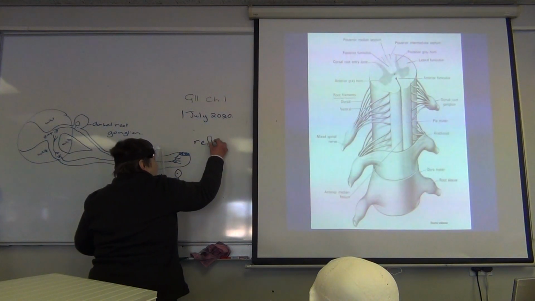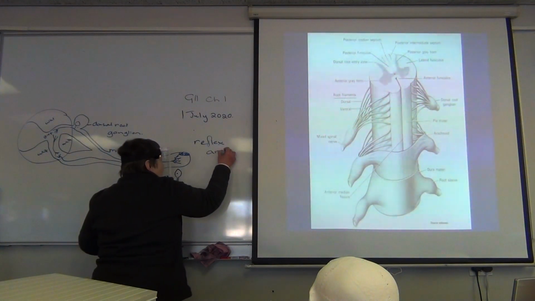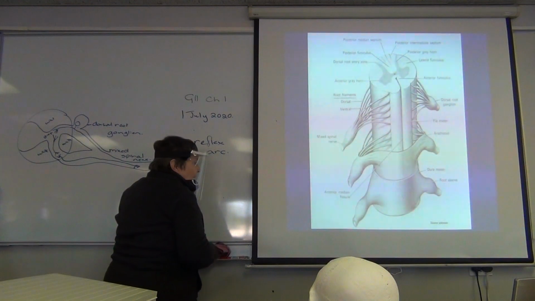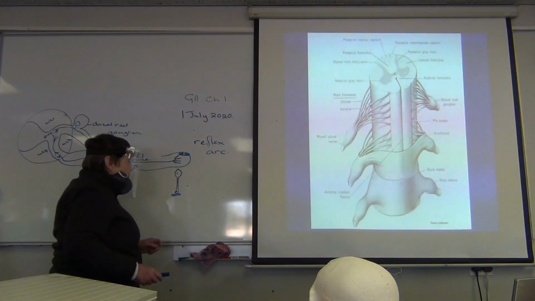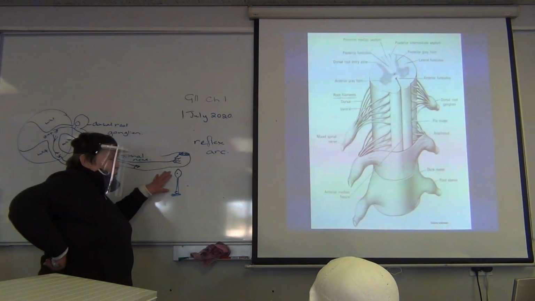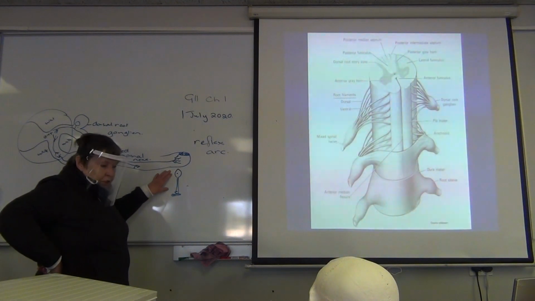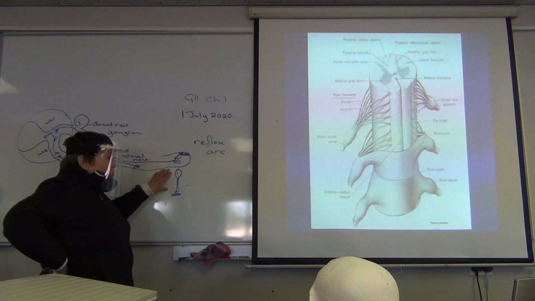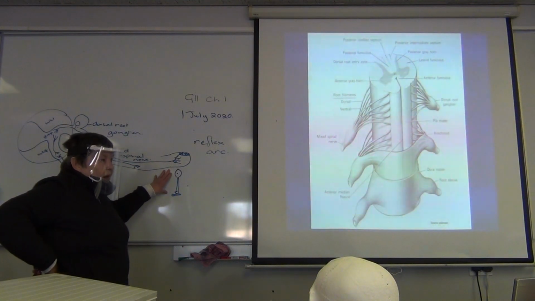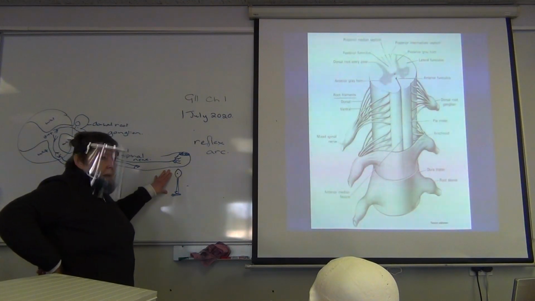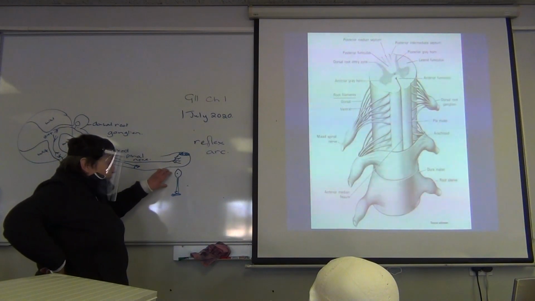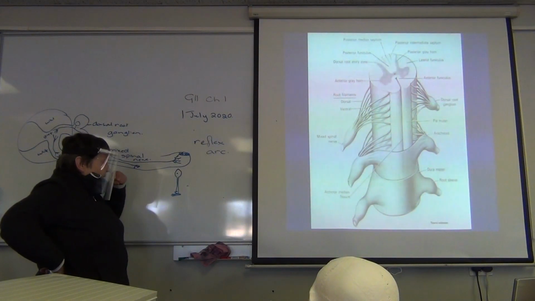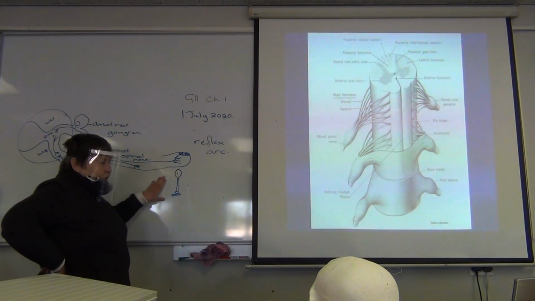A reflex arc. And it's very, very quick. It enables the body to do protective responses very, very quickly without thinking about it. So very often you do something like step on a thorn and you pick your foot up and you don't even think about it, and you actually haven't even felt the thorn.